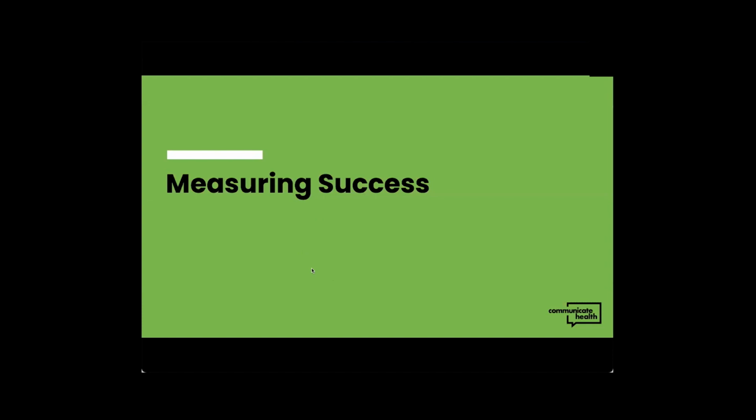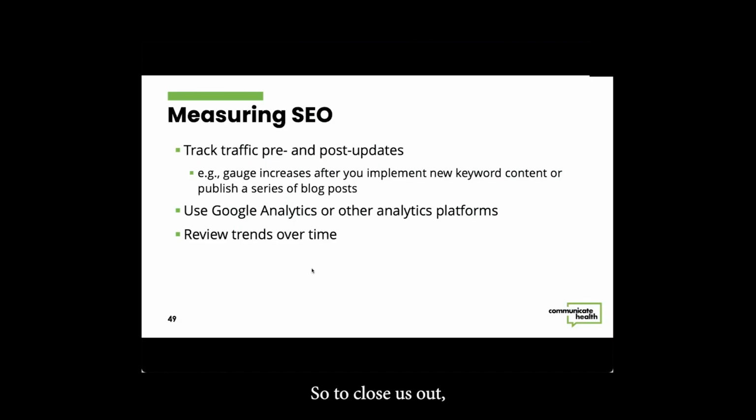Thanks, Kelsey. So to close us out, we want to think about, how do we know if we're successful? How do we know if what we're doing on our site is impacting our website's SEO? So there's a couple things you can do. You can track pre and post updates.